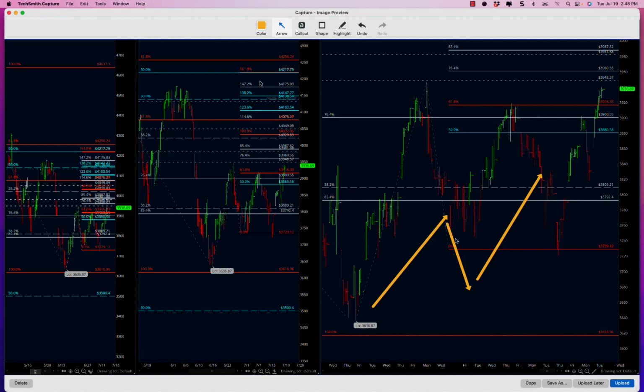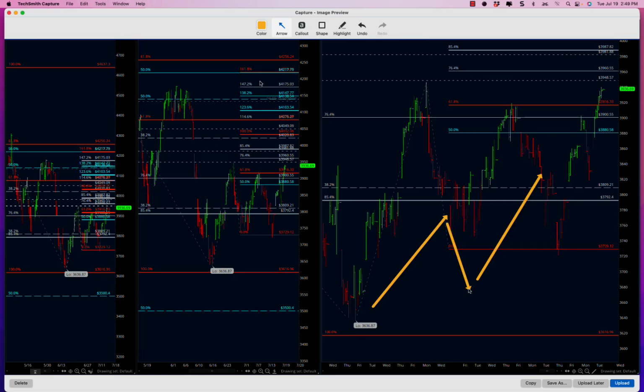And this pullback is a function of these levels that you guys have drawn. So if price comes into a 50%, 618, 76, 85, whatever levels you have determined, and price reacted to it, that reaction at that level is important to price. And what will happen, price will get there, it needs a retrace. 38, 50, 618.